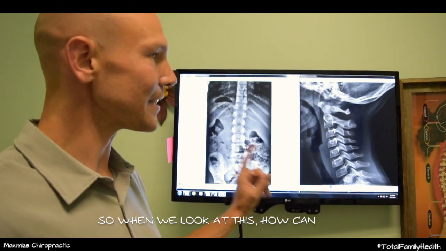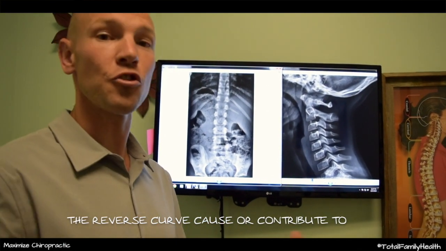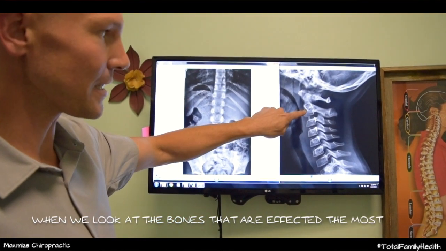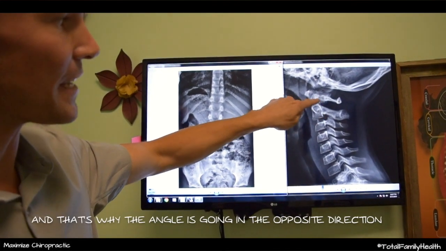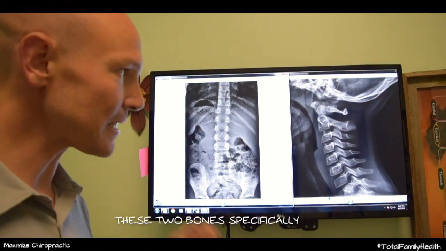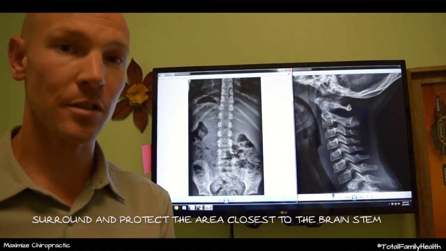So when we look at this, how can the reverse curve cause or contribute to the infections of an ear? When we look at the bones that are affected the most, it's the top two bones in the neck, and that's why the angle is going in the opposite direction. These two bones specifically surround and protect the area closest to the brainstem.